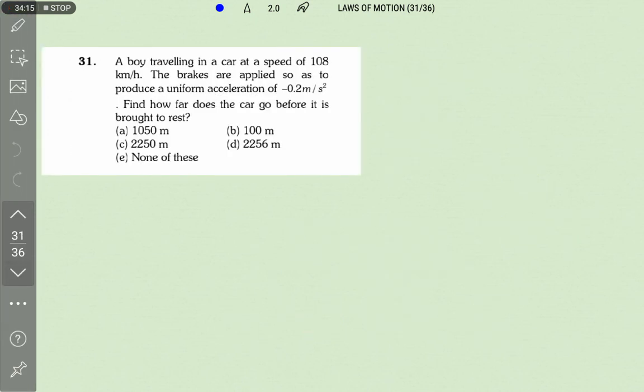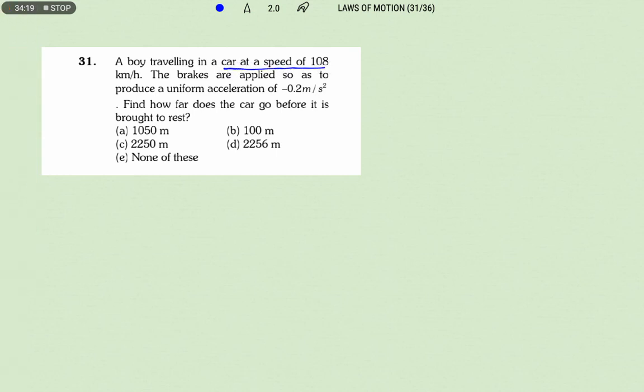Right, let us see the next one. A boy is traveling in a car at a speed of 108 km per hour. Speed is given, and it is 108 km per hour, which is not an SI unit. We need to convert kilometer per hour into meter per second. I told you that already.